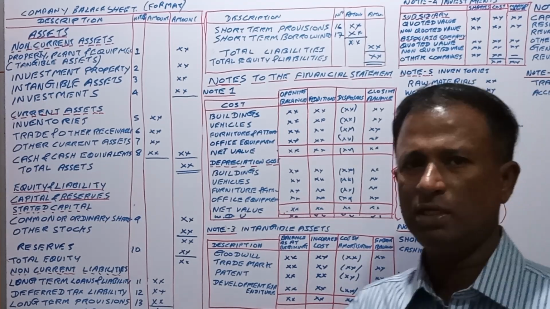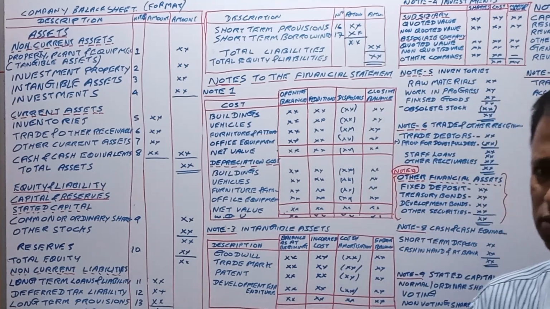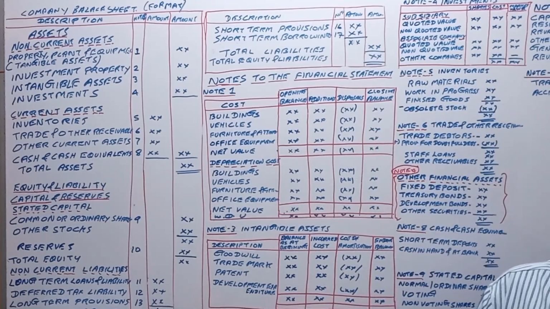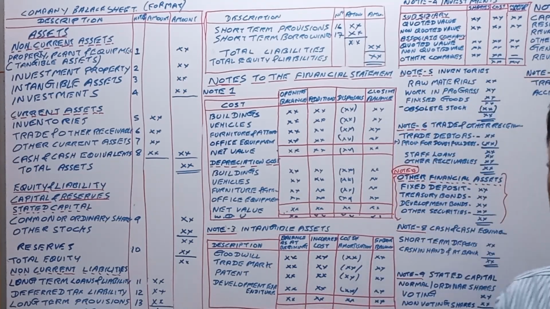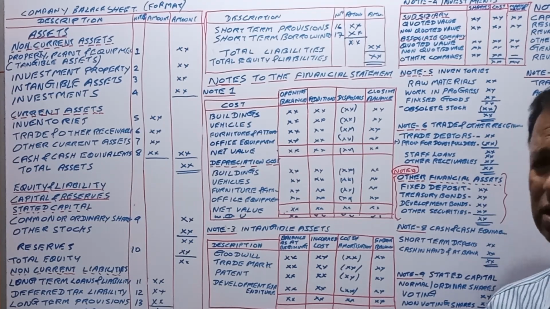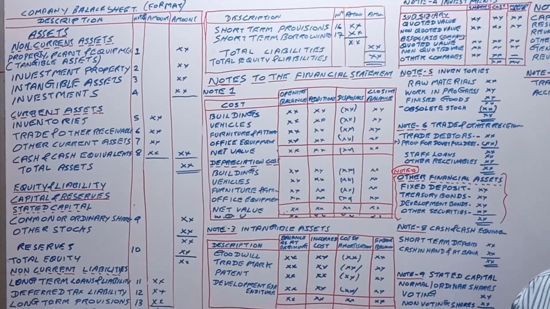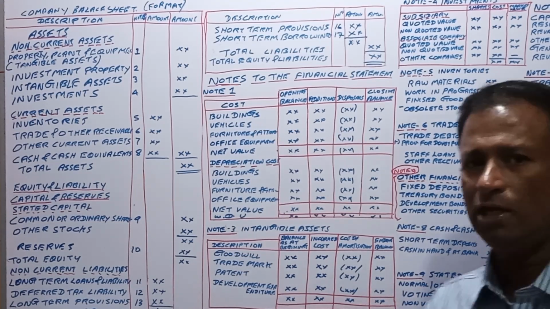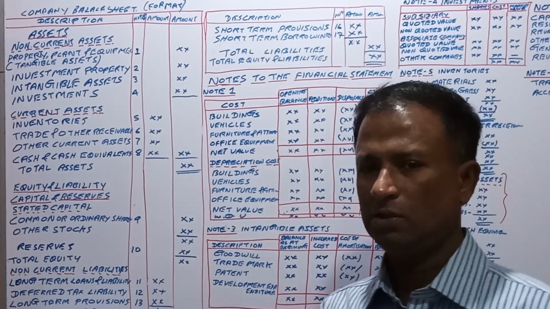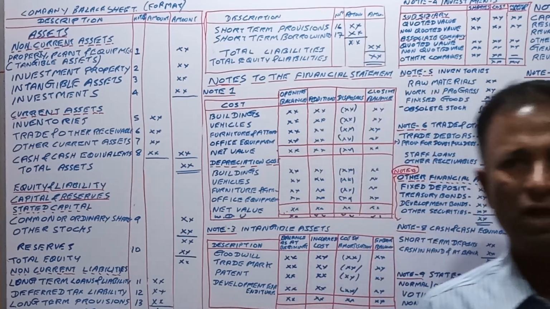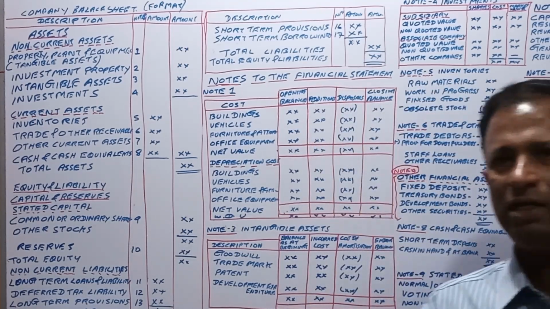In the ordinary shares capital also, most of the time there will be preference shares. Sometimes they may have voting power, and there are voting and non-voting share capital. If it is a voting share, you can have your representation in the board of directors meeting or any other meeting.